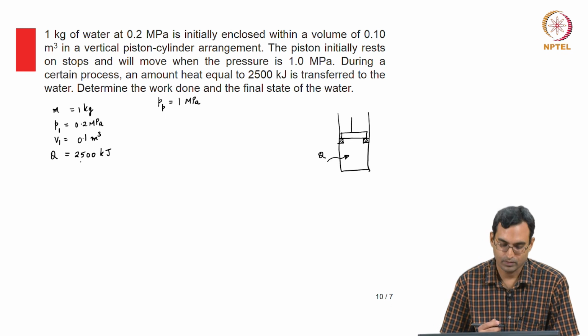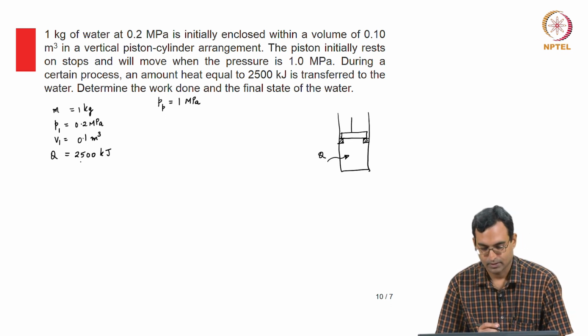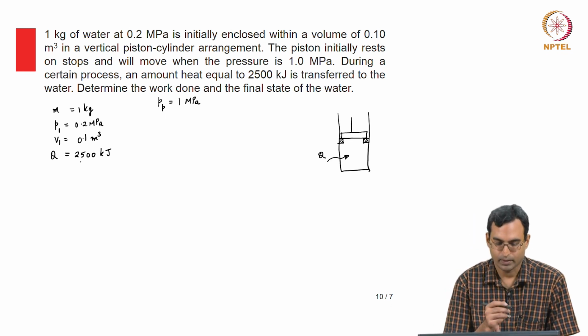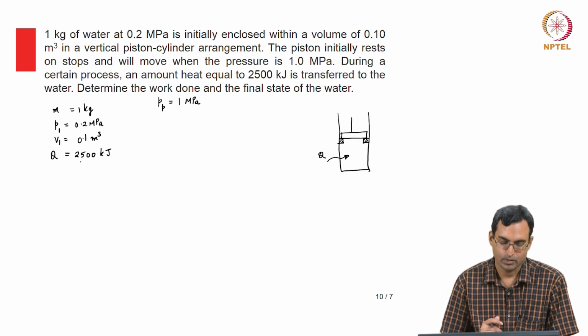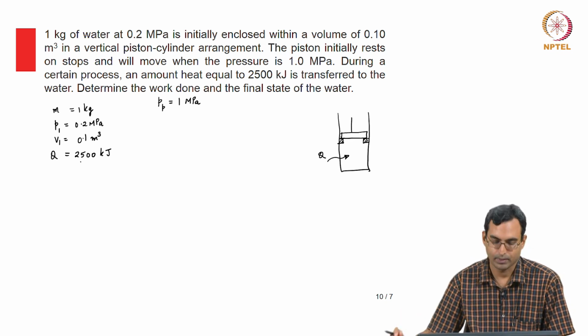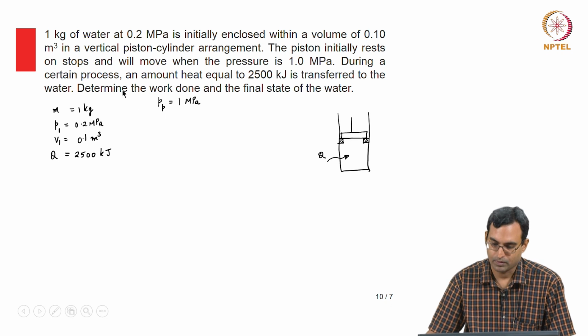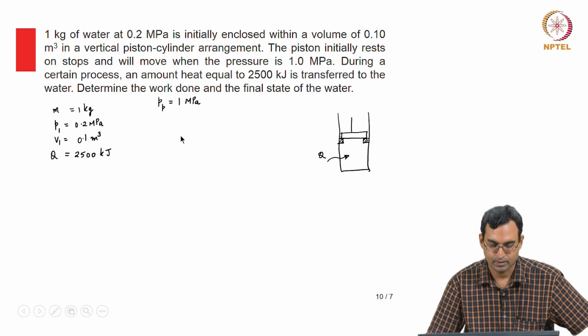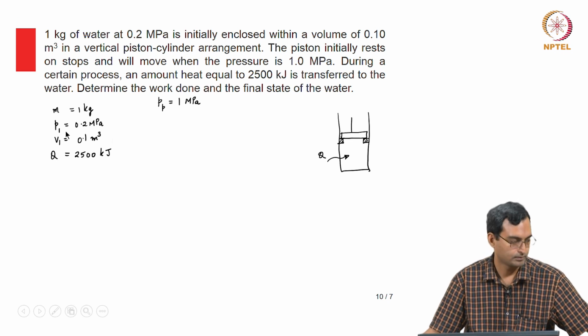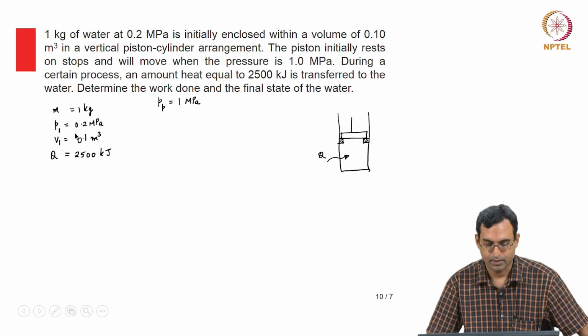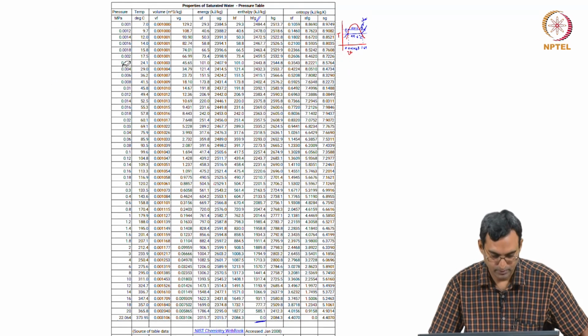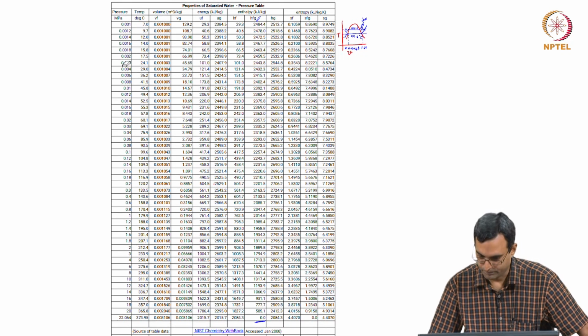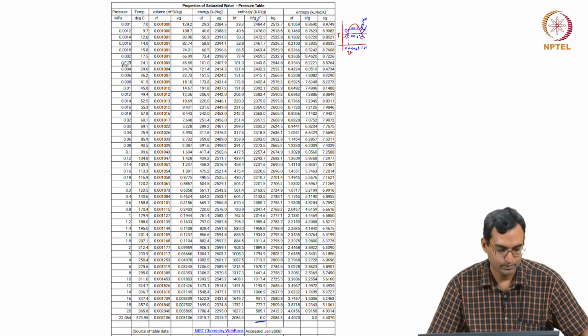So, let us first find out what is the initial state. We know that the mass is 1 kg, the pressure is 0.2 megapascals and the volume is 0.1 meter cube. So, I am going to try to see what is the saturation condition for this pressure. So, I am going to see at 0.2 megapascal. So, what I need now is the steam tables.